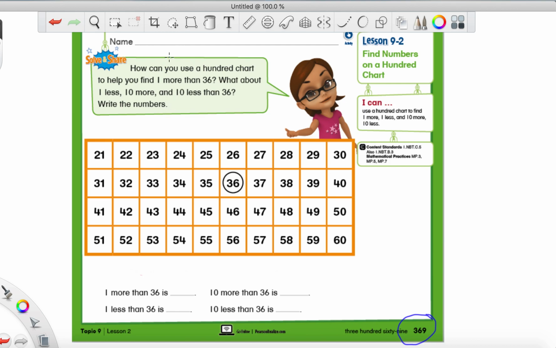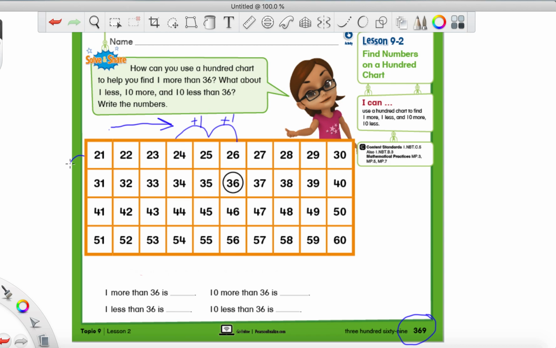Write the numbers. Okay, so I just want to refresh something. When we go from left to right on the chart, we are getting larger by ones. Every time you jump over here, think about it as plus 1, plus 1. And the same thing if you were to go backwards, your numbers get smaller. Remember that when you go across these rows, remember this is called a row, it increases by 1.